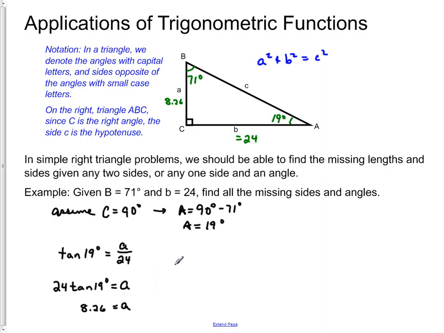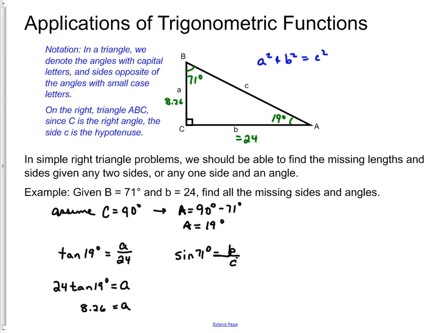For example, if I wanted to find c and use a ratio of one of my given numbers, the sine of my angle 71 degrees would be equal to the ratio of the opposite side b divided by the hypotenuse c.